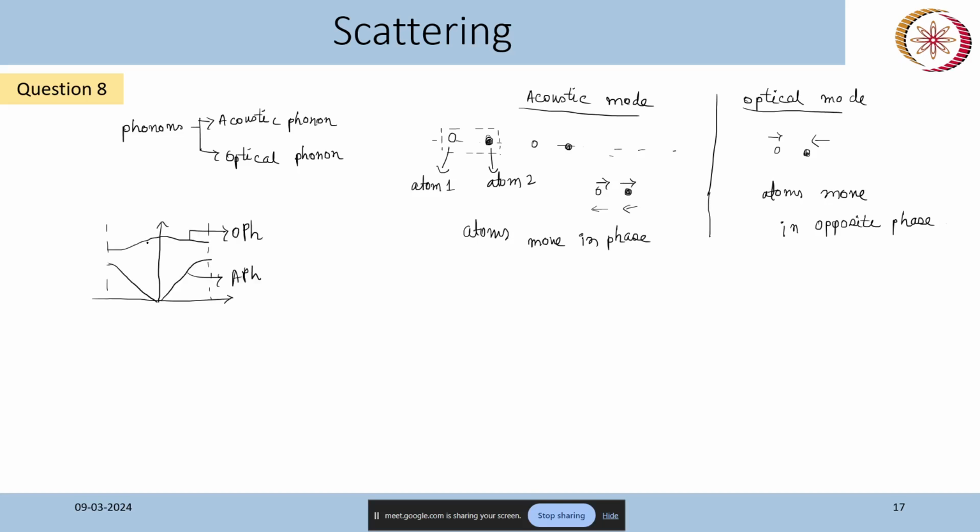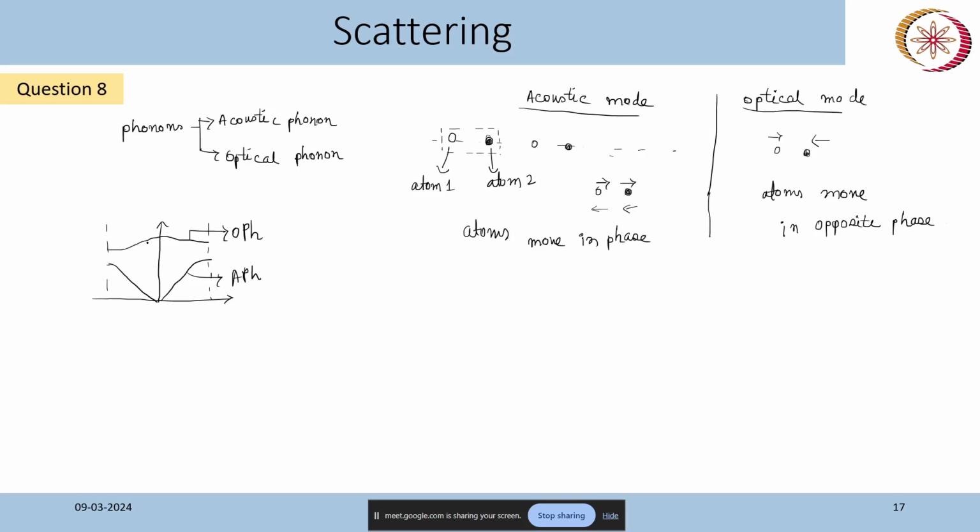This is generally the omega axis or h bar omega axis, so this is related to energy as well. The optical branch has higher energies, while the acoustic branch typically has low energies. The phonon band structure looks something like this.